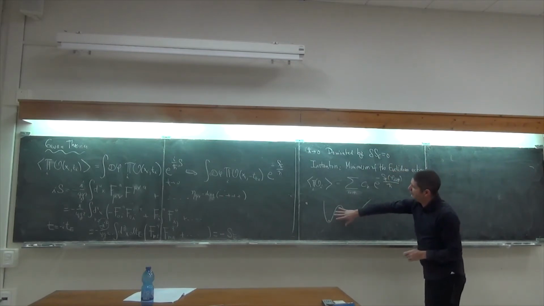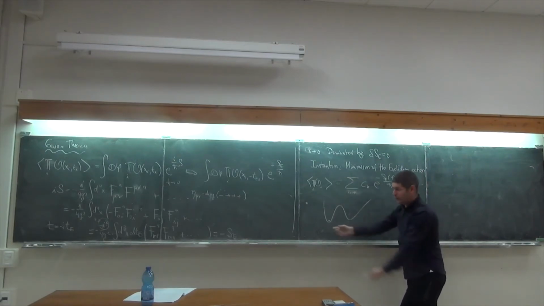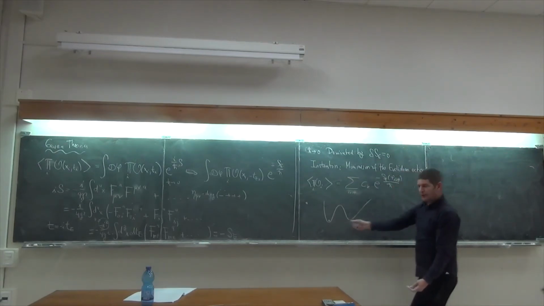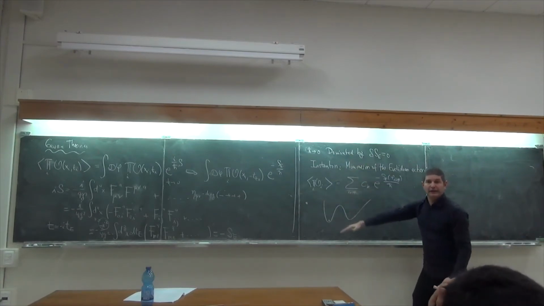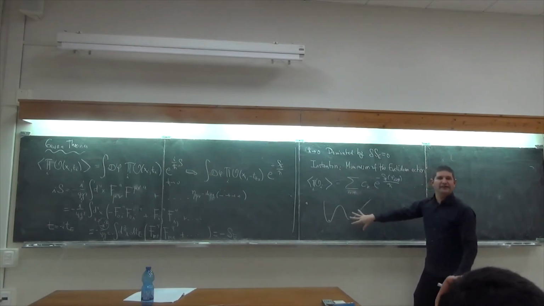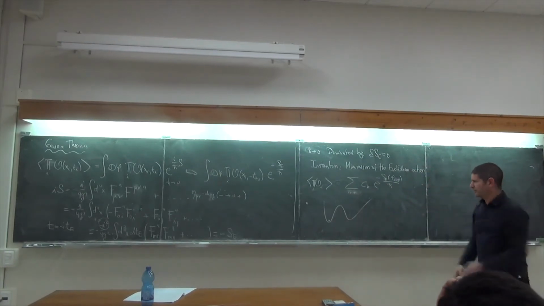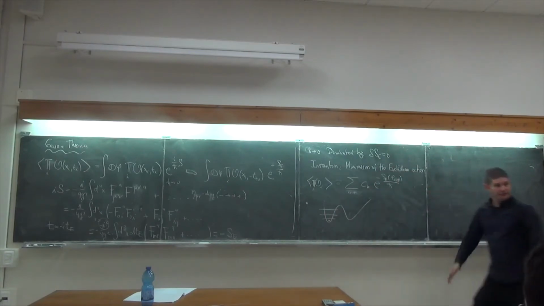Imagine you have two barriers, you have two minima, okay? You are sitting in one minimum. If this barrier is very high, this particle will not know anything about the existence of the other minimum. You expect here just the spectrum of the harmonic oscillator.